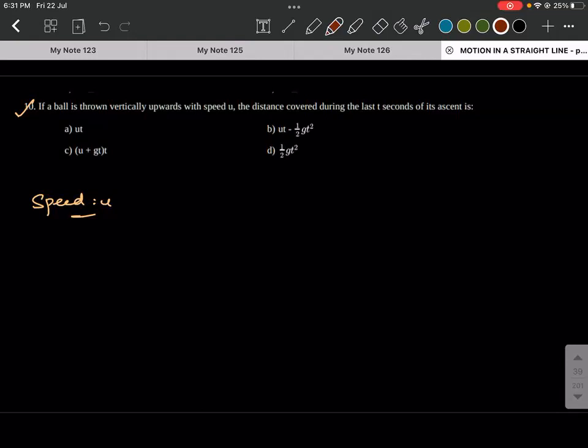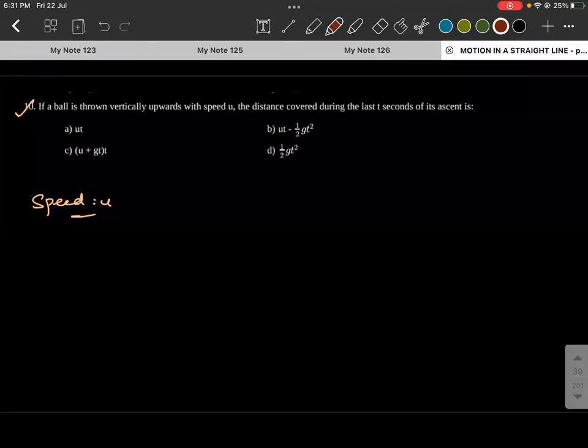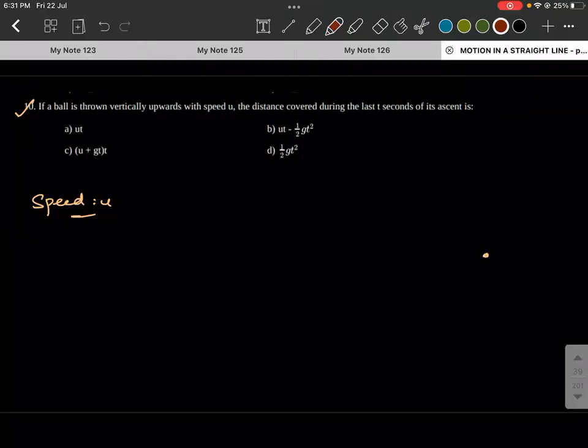Ball is thrown vertically upwards at the speed u, the distance covered during the last t seconds of its ascent. So this t seconds, right?